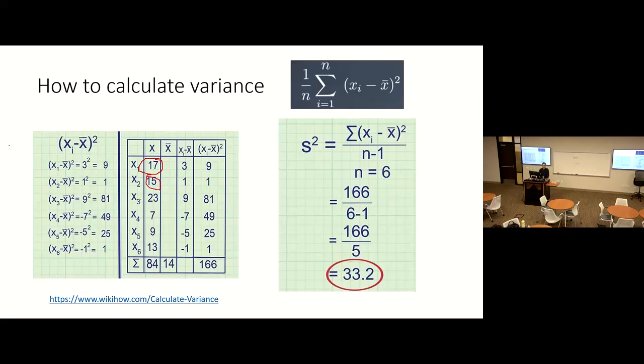So how can you calculate the variance of this gene? You take the average first, and then you take the difference between each of your data and its mean. You get some data which is larger than the mean, the 3, and some is smaller, like -7, smaller than the mean.